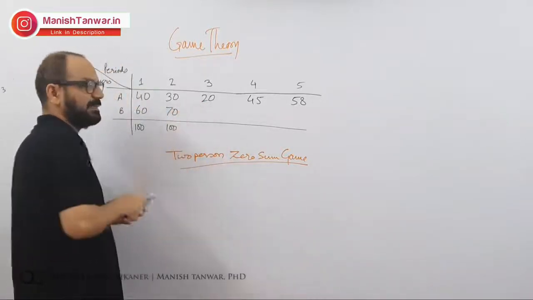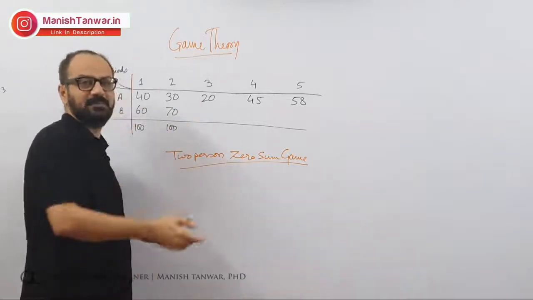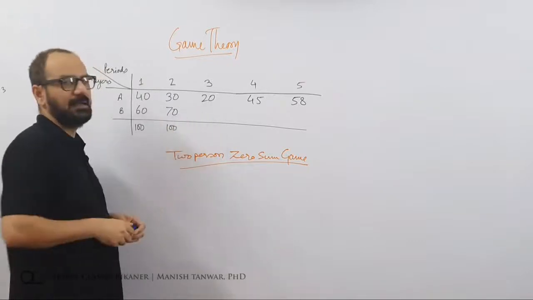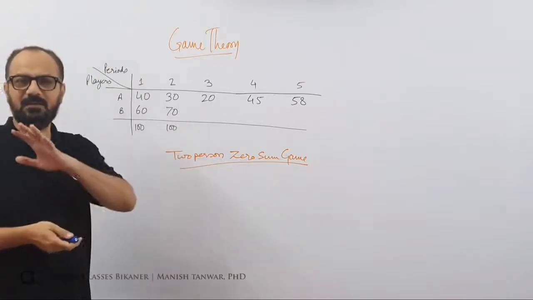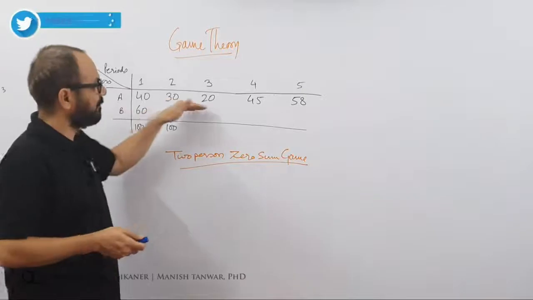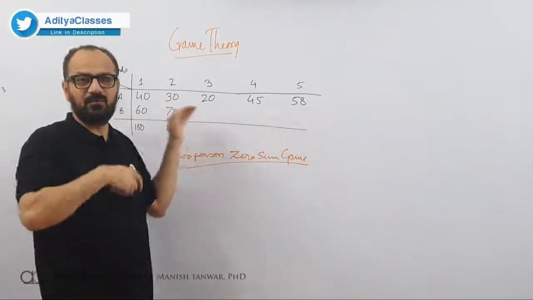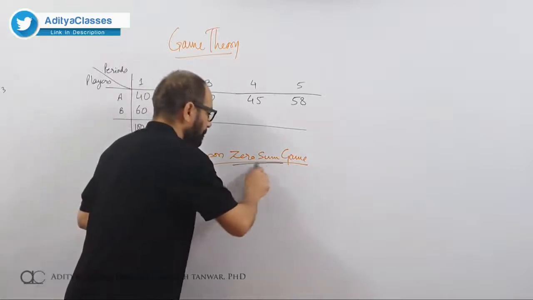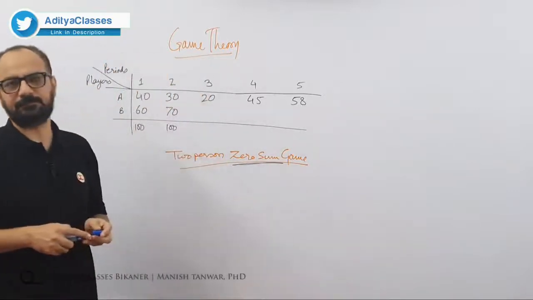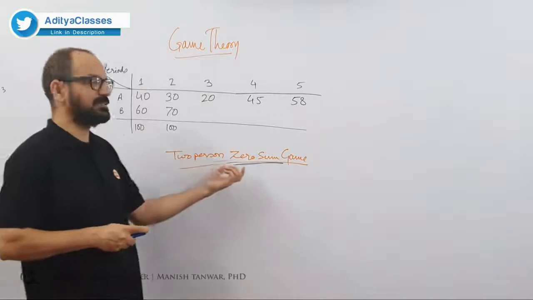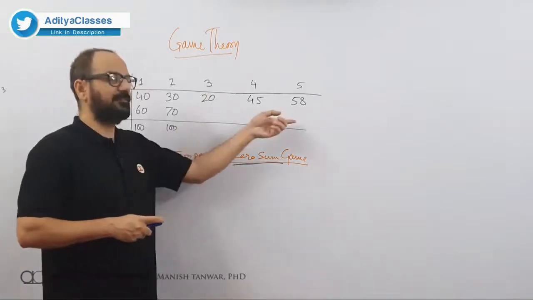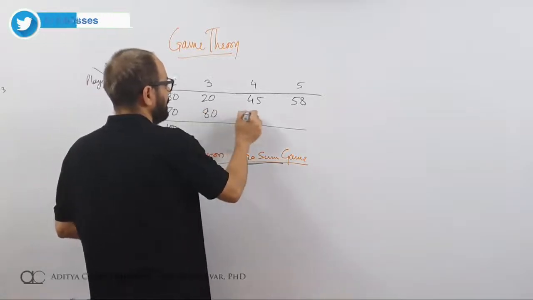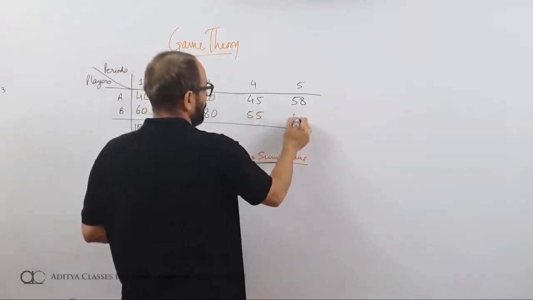Because if I am losing 10, then definitely the other player is winning 10. Definitely will have an 80 over here. So I need not tell you what the values will be. You already know, because of this zero-sum. Because I told you that these are zero-sum games, you already know what the values will be. Can you tell me? We'll have values of 80, 55 and 42.